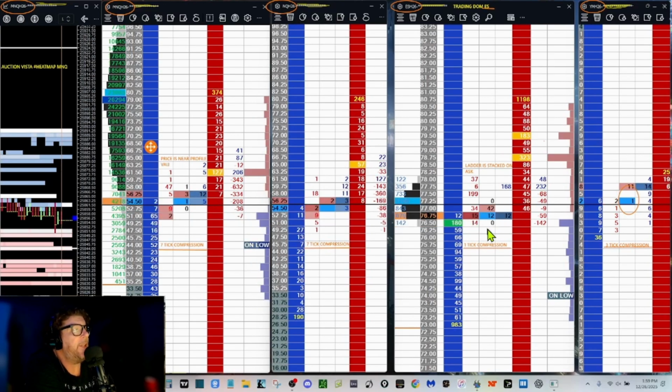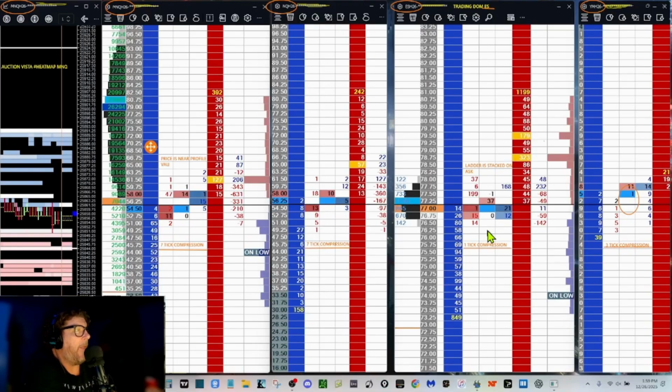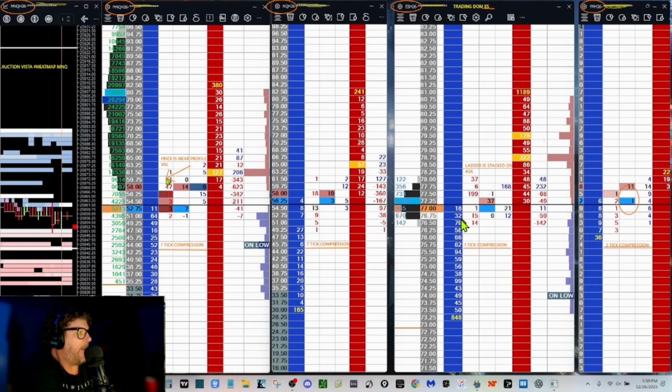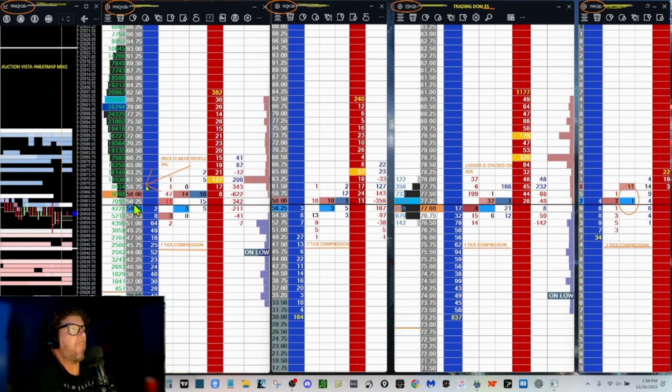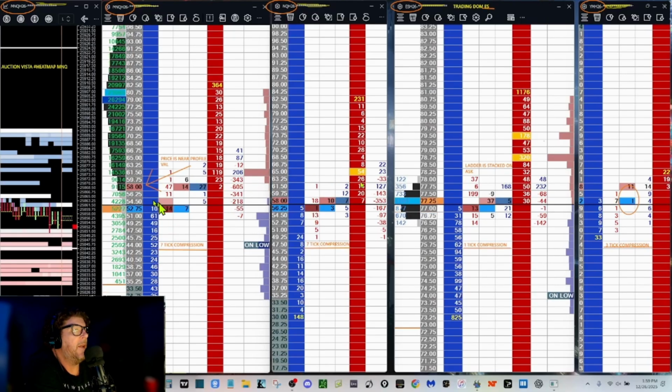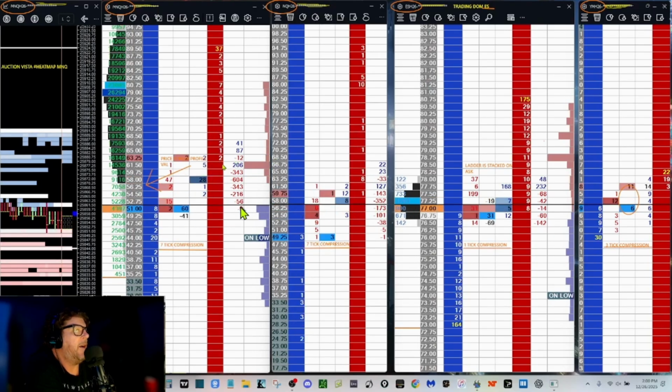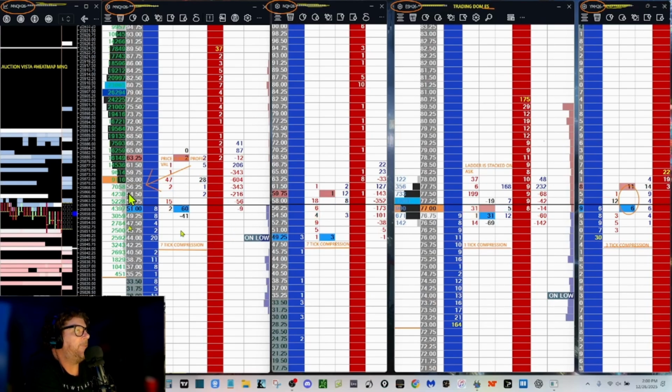Price is very likely to test lower if it can break through that little iceberg that we just saw pop up, 180. I'm highlighting here value area low, which was back tested on MNQ, and price is dropping off again, and it just lost value area low.